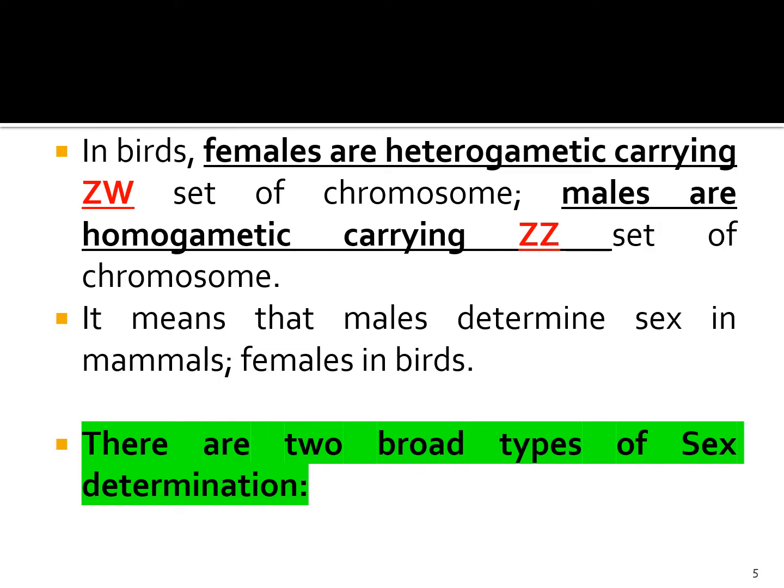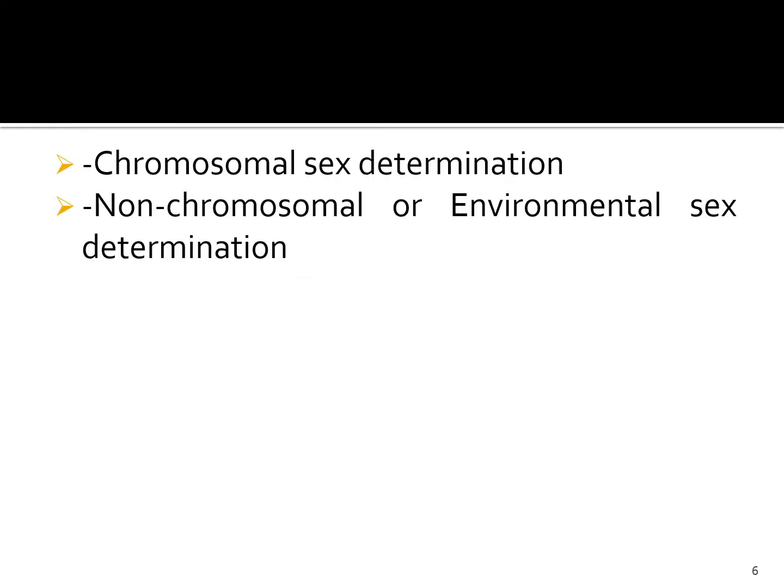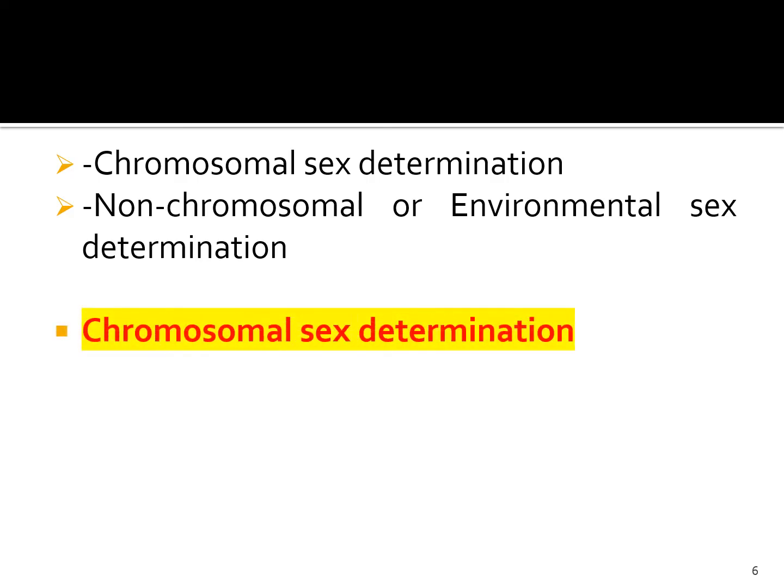Then there are two broad types of sex determination. We have what is known as chromosomal sex determination, and we also have the non-chromosomal or environmental sex determination. So let's take a look at chromosomal sex determination first.